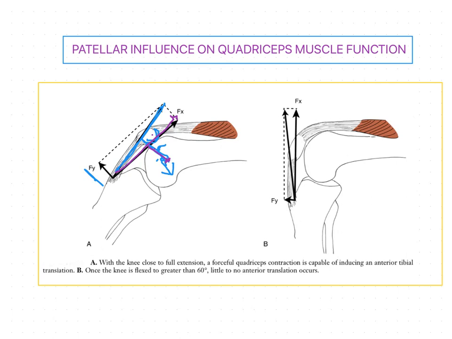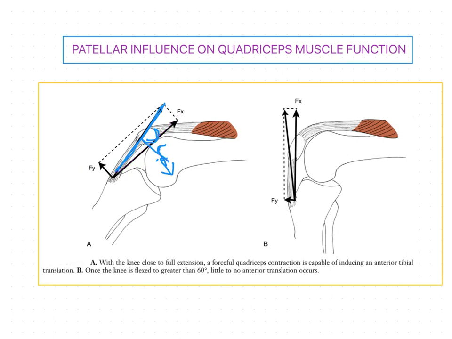The patella acts as an anatomical pulley, deflecting the action line of the quadriceps muscle away from the joint center, increasing the angle of pull on the tibia to enhance the ability of the quadriceps to generate extension torque.